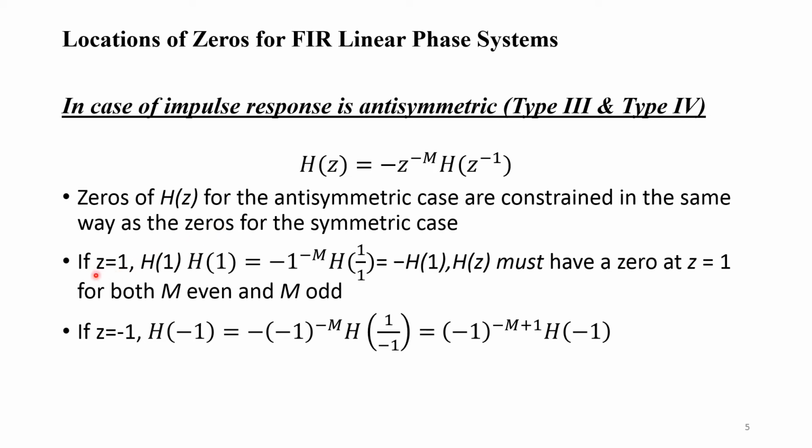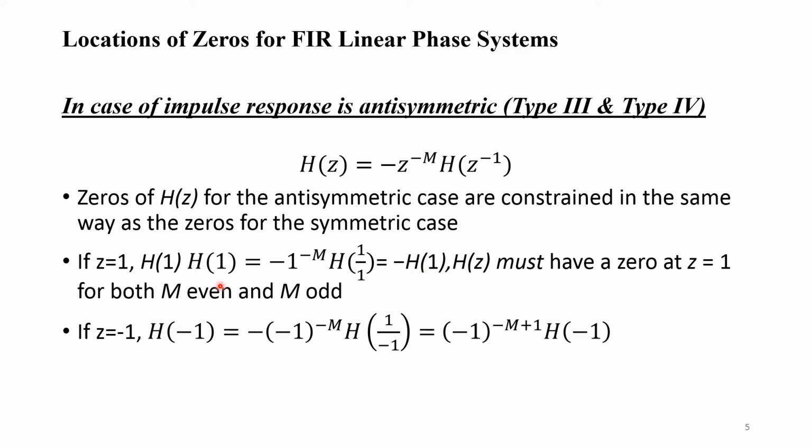Now if z equals 1 is a 0, you just replace z with 1, so H(1) equals (-1)^(-M) H(1/1), and 1 over 1 is 1, so it will be equal to (-1)^(-M) H(1). That means it will be equal to minus H(1).